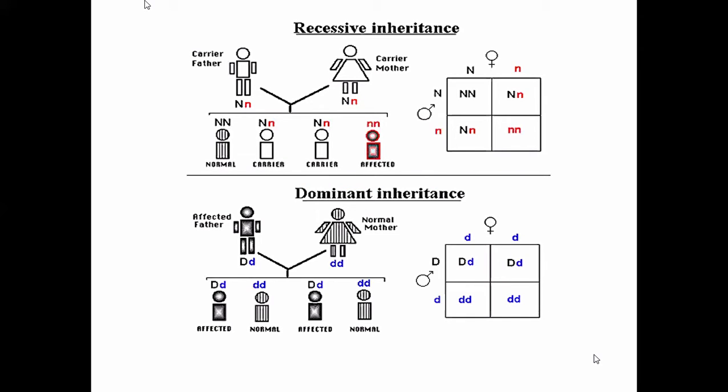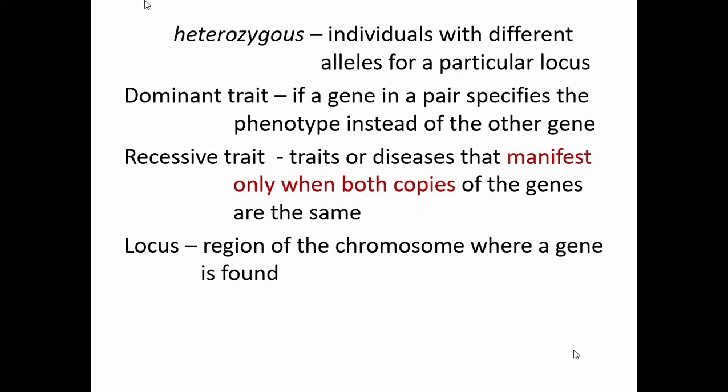So let's come to this. This is called a pedigree. This is the drawing for genetic history taking. So in the history taking we draw this. This is the recessive inheritance, and this is the dominant inheritance. What is the meaning of recessive?